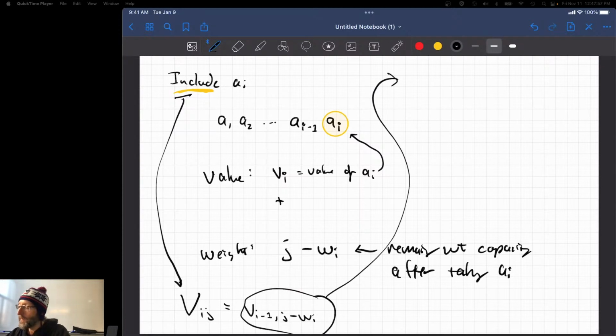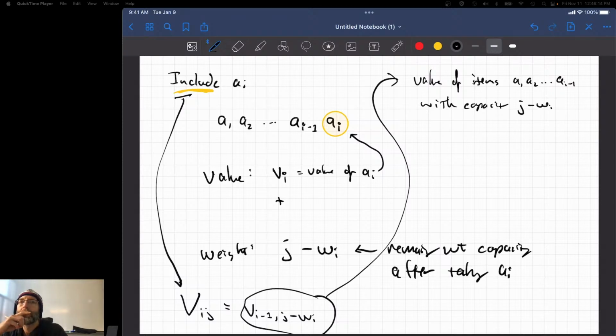This is the value of items A1, A2, dot, dot, dot, A sub I minus 1 with capacity J minus W sub I. So I don't want to exclude any other item, right?